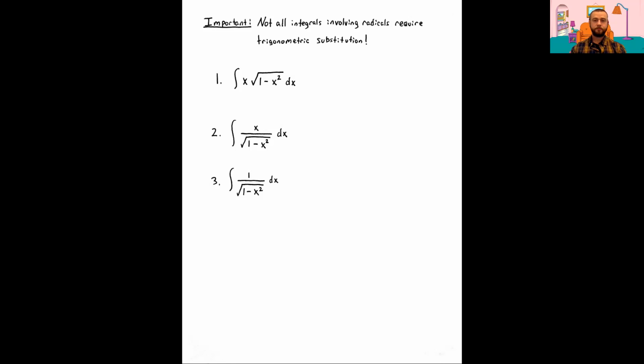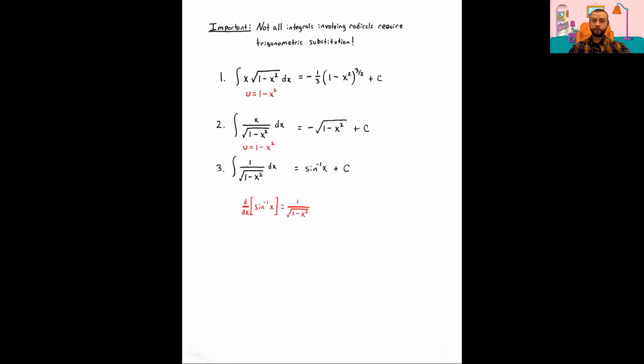All right, now some of these, the first and second, should be straightforward substitutions. The third one is actually a basic antiderivative. No integration methods are needed for example 3. So for the first and second examples, you actually make the same substitution, u as 1 minus x squared, and we have the results on the screen there.